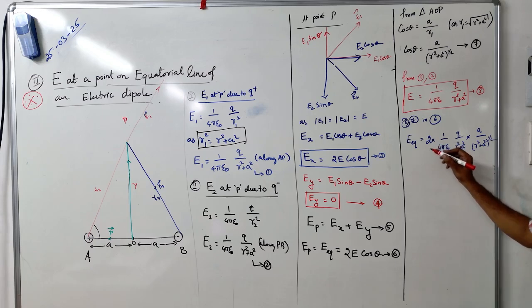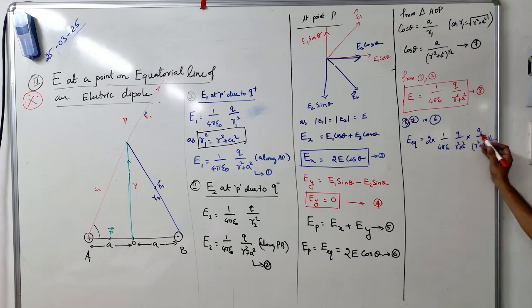On the numerator I have 2 into Q into A. What is 2QA?